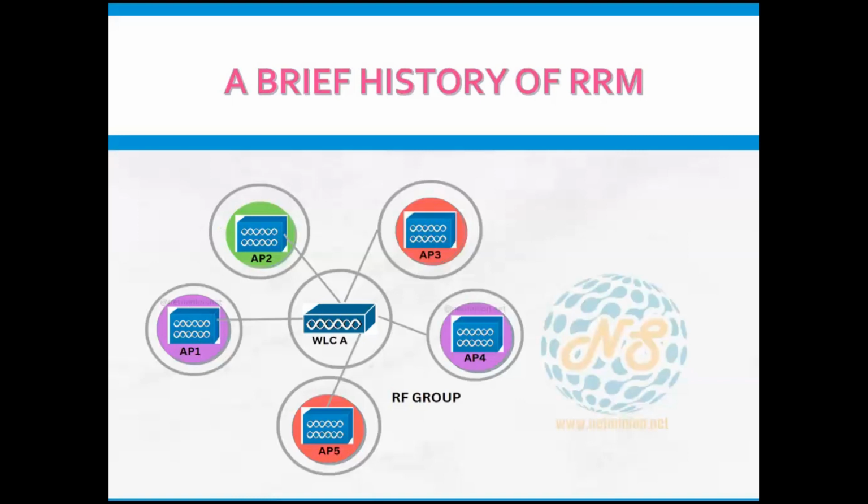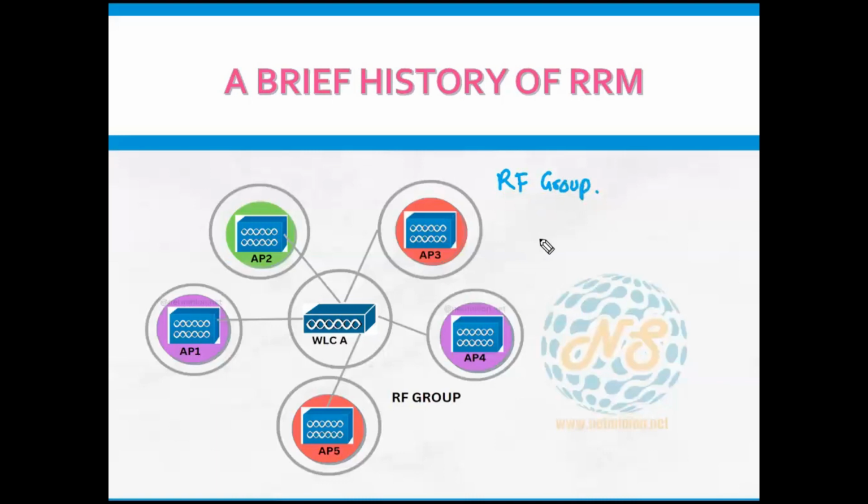Later on you will understand more about it, but I am just giving you an overview. RRM has a couple of hierarchy levels. First, there is an RF group. All WLCs and APs should be part of that RF group.